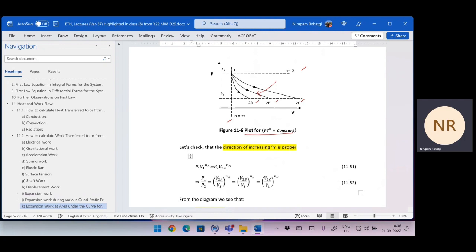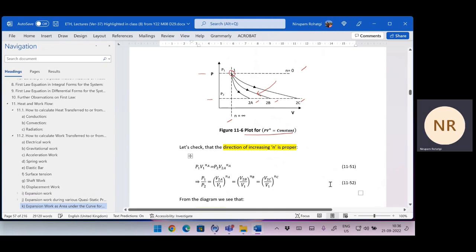But conceptually you can draw it so that the line which has more n should be towards the left if you are starting from the top. So you start from the same point P1, and you are going down, expanding up to the same pressure P2. Then for PV^n = constant, where n is more, you will be closer to the vertical axis.